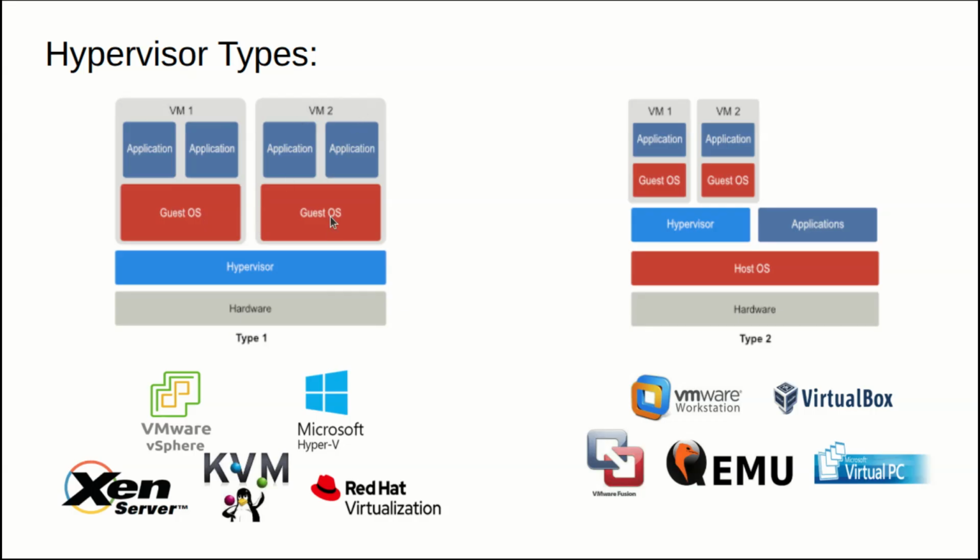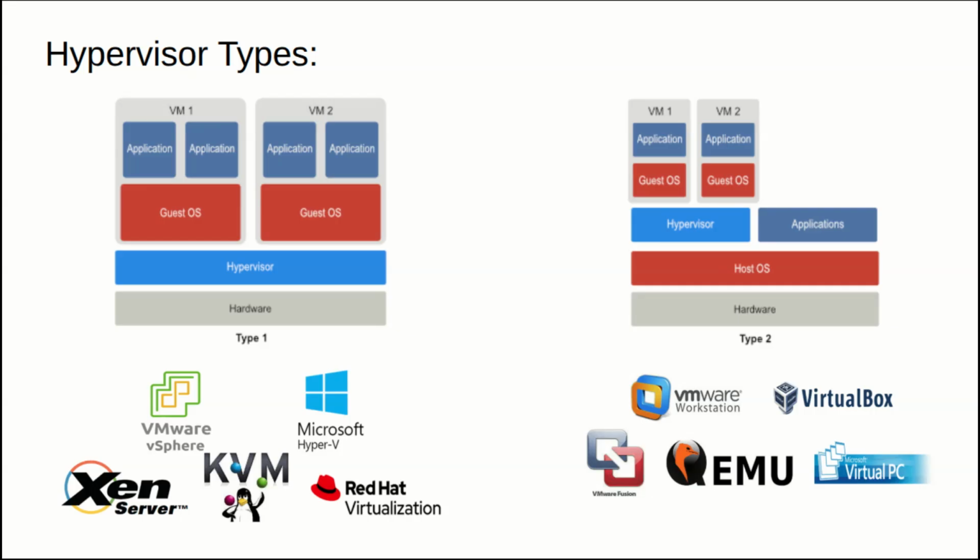A classic example is in all the data centers: the virtual machines we create are created on top of a type 1 hypervisor. The popular ones are Xen hypervisor and KVM. The one we use most frequently, even without our knowledge, is Hyper-V from Microsoft.